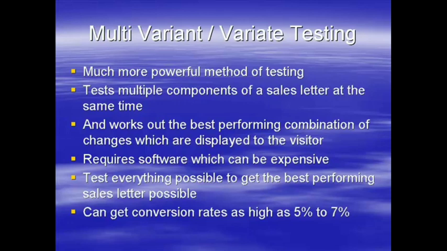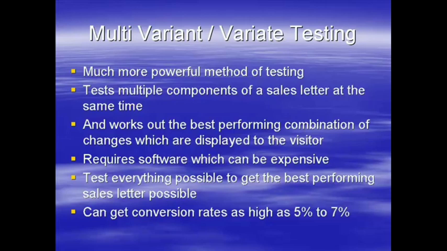Now, with sales letters in some niches, you can get conversion rates as high as 5 to 7 or sometimes even higher percent. You can get really good conversion rates. Now, this is a combination of very good copy and a lot of testing. And if you install this testing software and use it, then you will find that you get better conversion rates.